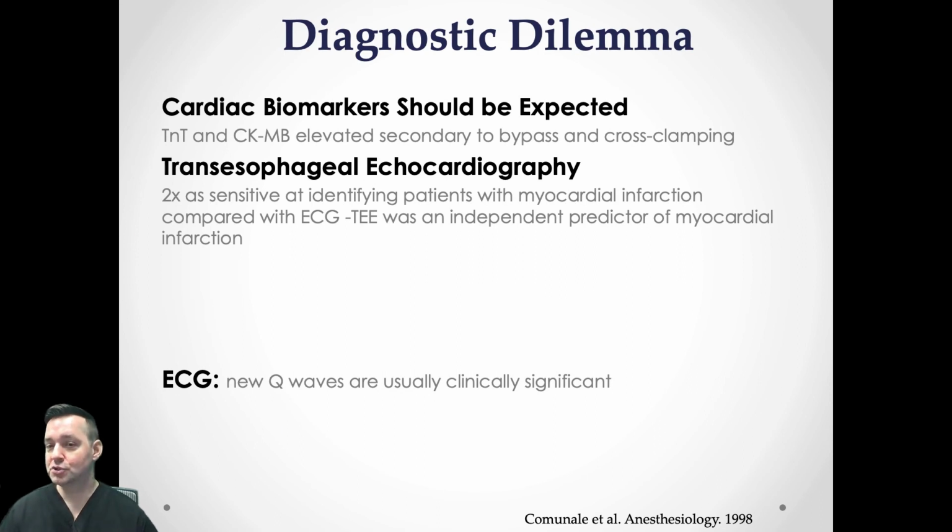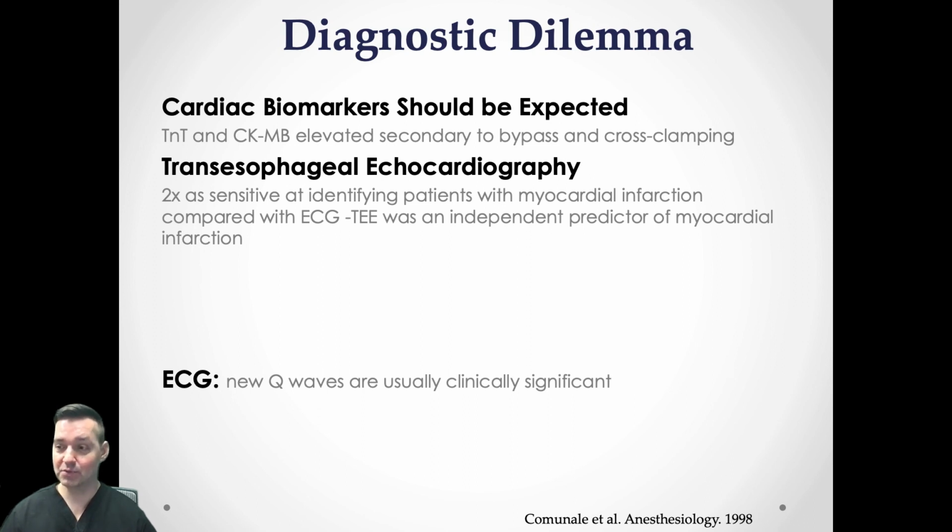Cardiac biomarkers should be expected to be elevated in this patient population, right? Almost all of them will have elevated troponins and CKMBs, secondary to bypass and cross clamping. They've done studies where they've looked at cardiac MRI in patients with elevated biomarkers post cardiotomy, and they've had no evidence of ischemia. So it's expected. Now your job is to tease out whether or not you should order it.